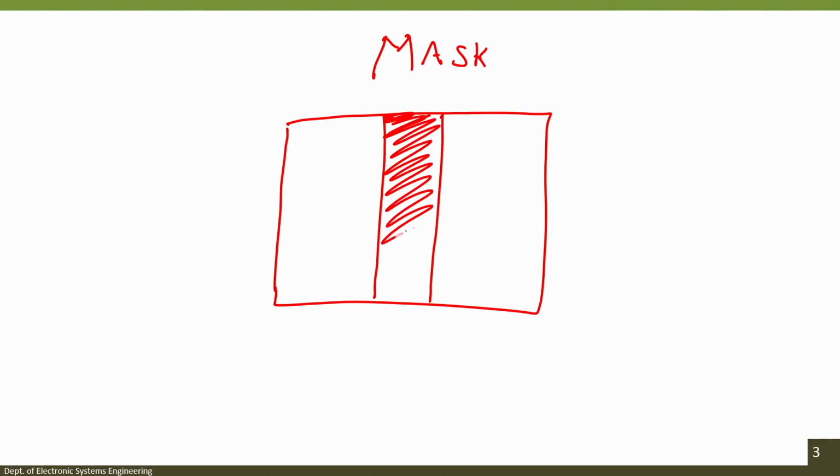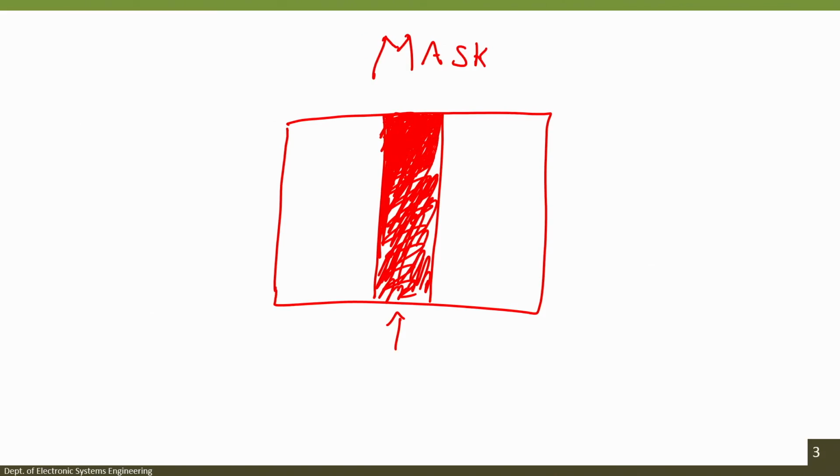Assume this box is completely shaded, complete red, dark, and this pattern is on a glass substrate.